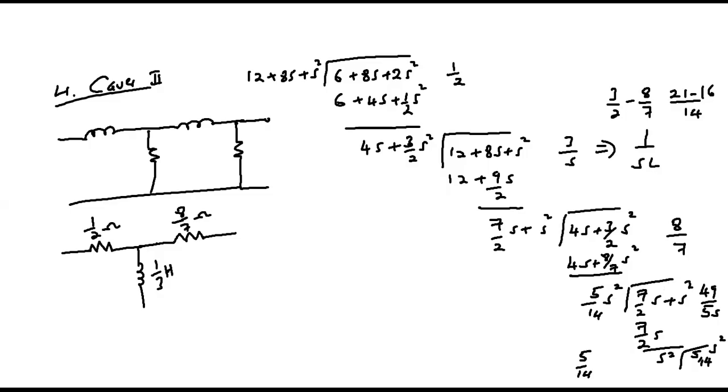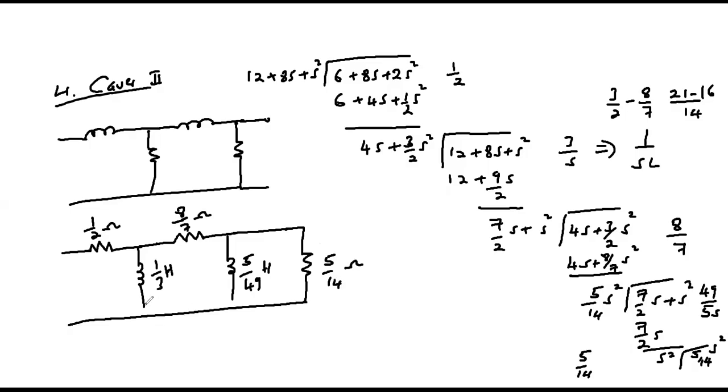49 over 5s, another inductor in parallel, whose inductance is 5 over 49 Henry. And finally, we have a constant 5 over 14, which means it's a resistor whose resistance is 5 over 14 ohms. And this becomes the Cauer 2 implementation of the one-port RL network given the transfer function.